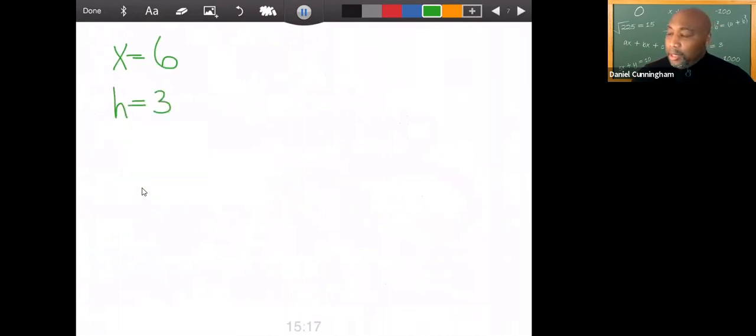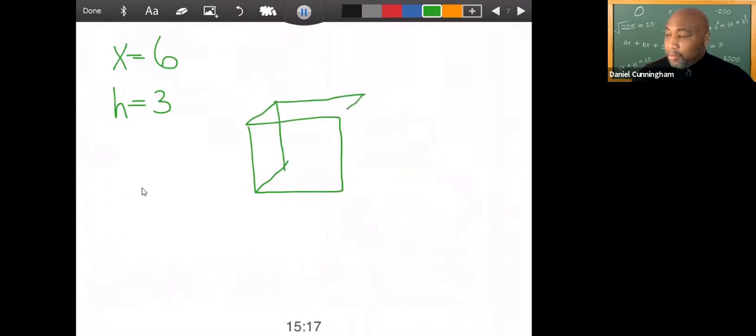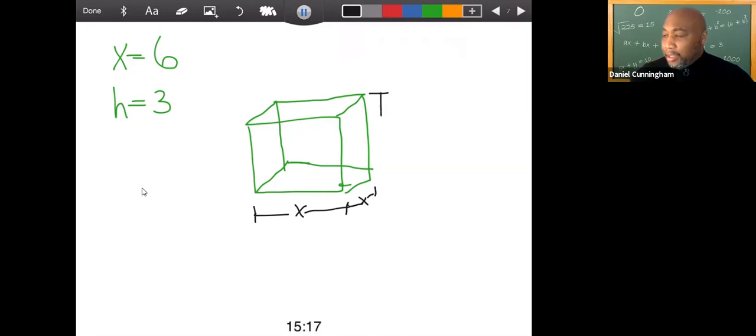Now remember the shape of the box. We had a box like this, open on the top. And we had x on the base, and then we had the height, h, which is right here. So we want to find the maximum dimensions.